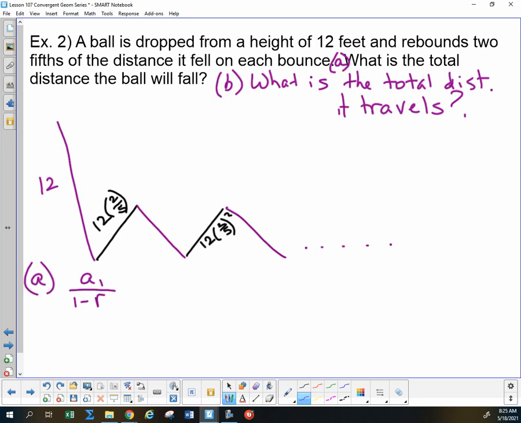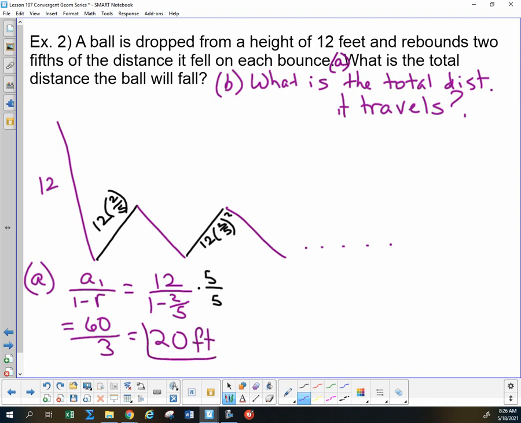It's going to keep bouncing forever and ever, even though it looks to me like it stops at some point. So just for the falls, it's going to be 12 over 1 minus 2/5. I'm going to multiply numerator and denominator by the denominator and get 60 over 5 minus 2, so over 3. So my falls need to be 20 feet for part A.